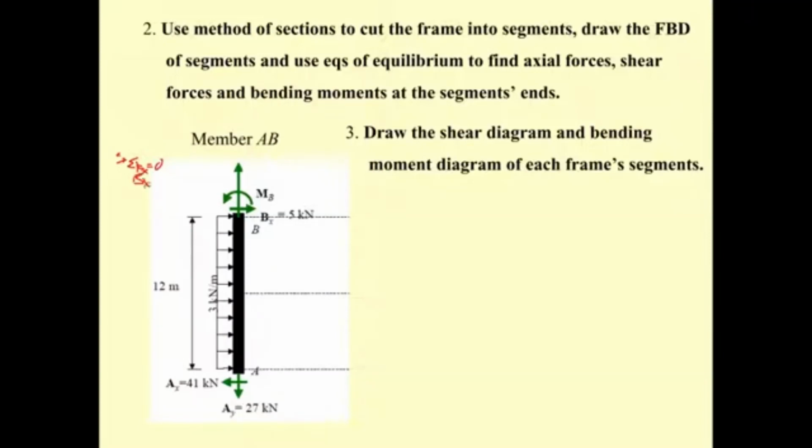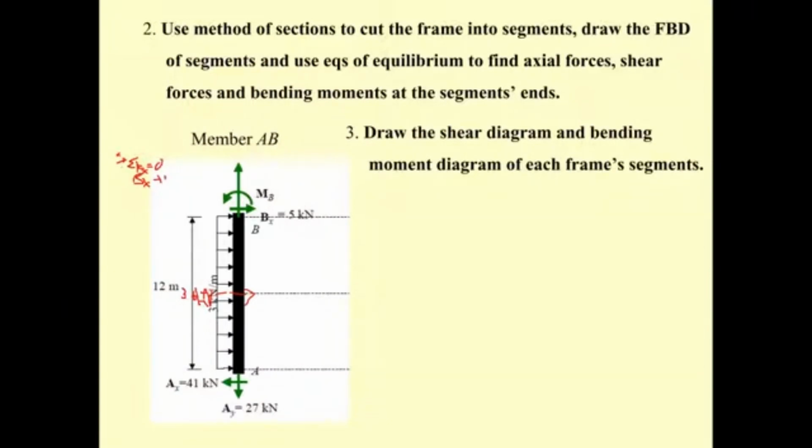So the B sub x is going to be what? B sub x is here. If you remember, this is 12.3. That is 36 kilonewton. So the B sub x is going to be plus the 36.